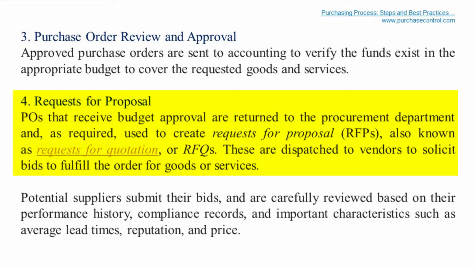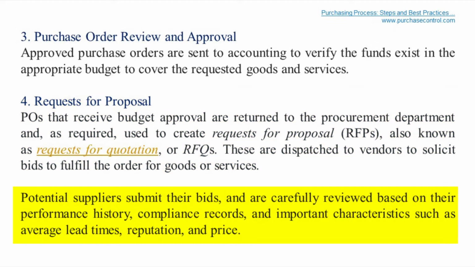These are dispatched to vendors to solicit bids to fulfill the order for goods or services. Potential suppliers submit their bids and are carefully reviewed based on their performance history, compliance records, and important characteristics such as average lead times, reputation, and price.